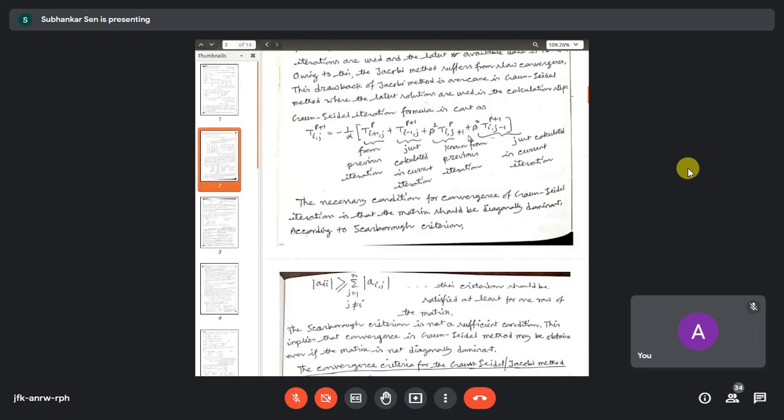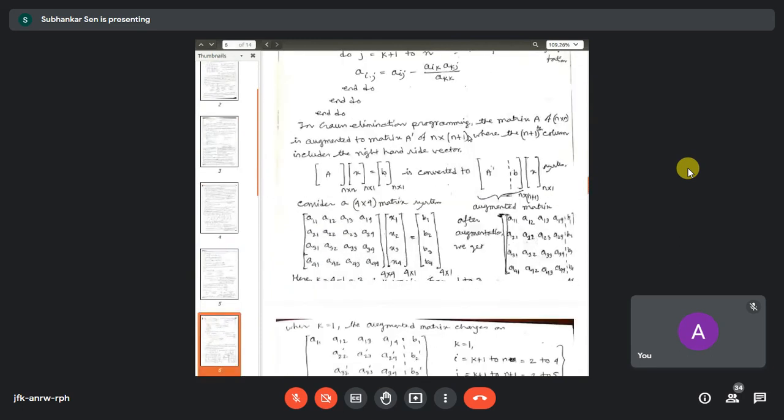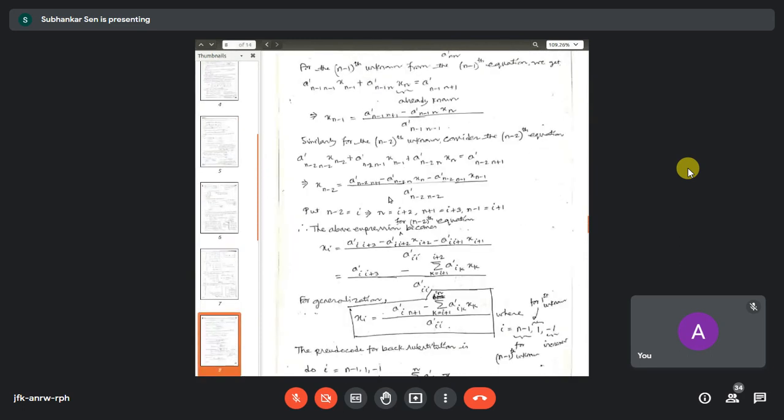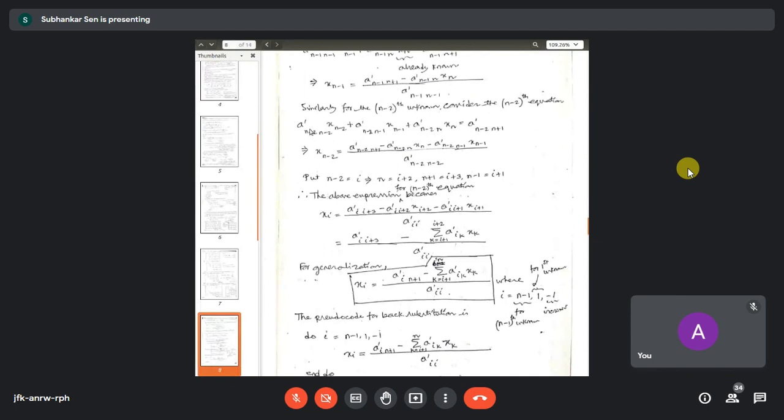So I am coming back here again. If you get here, A dash Ij xj, the n-2th equation, the first index is n-2 everywhere: n-2, n-2, n-2. It is j in A dash Ij xj.